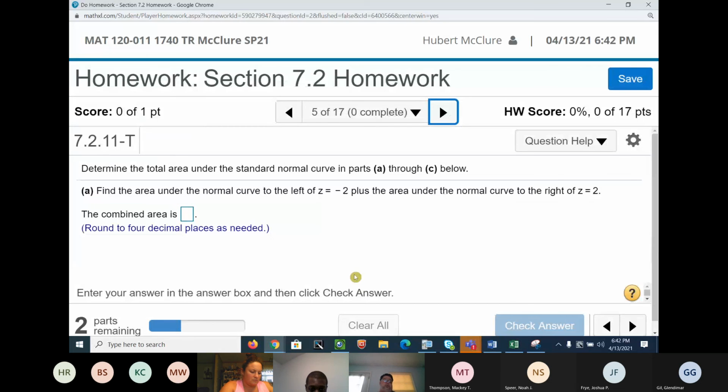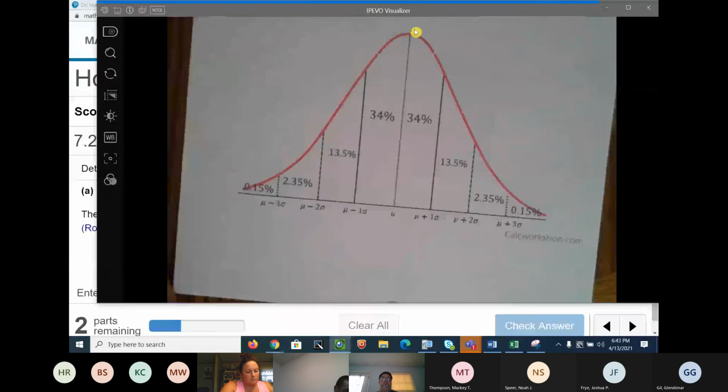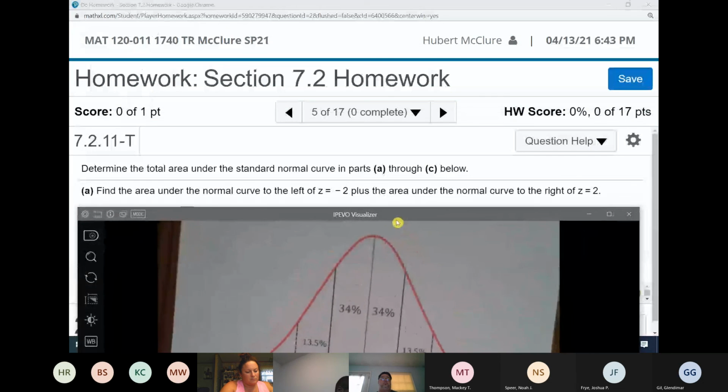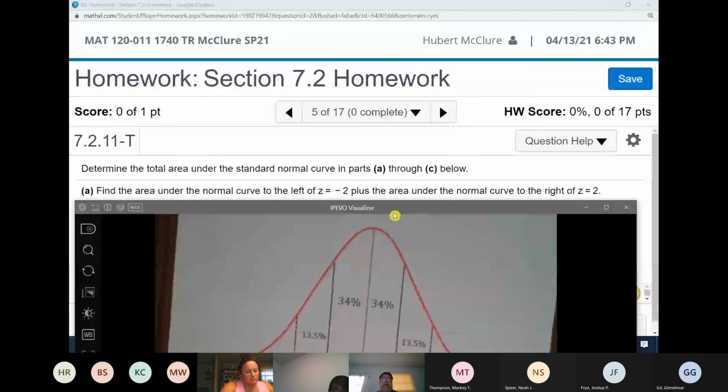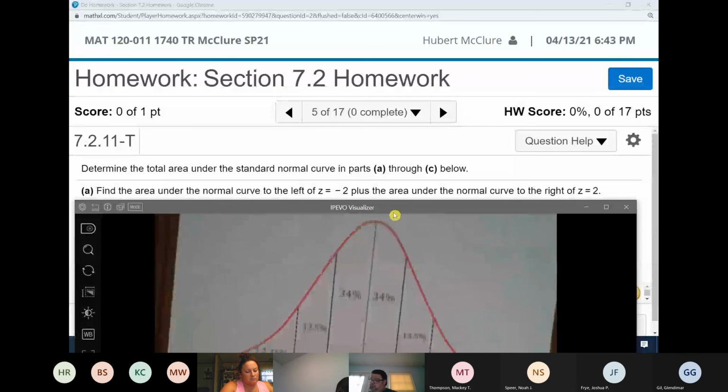All right, write this one down. This is a test question. Write it down. And draw me a picture. Find the area under the normal curve to the left of -2.